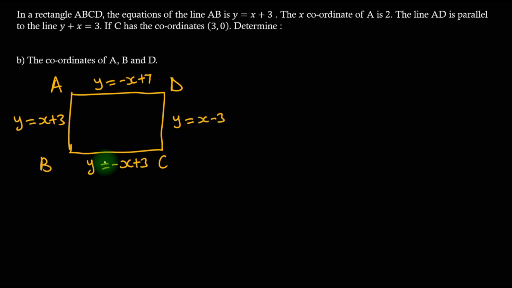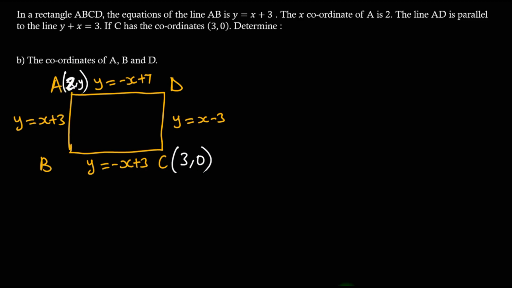So this will now help us to get the coordinates of each point that we have been given. In our case here, this is 2, and C is (3, 0).